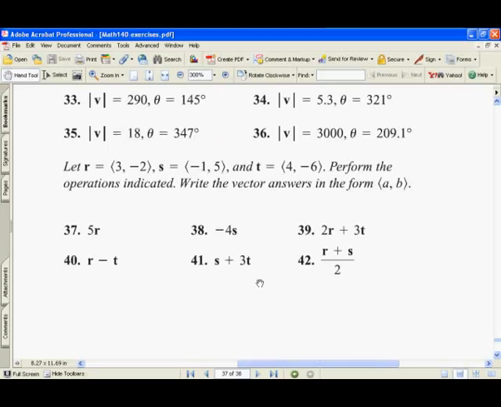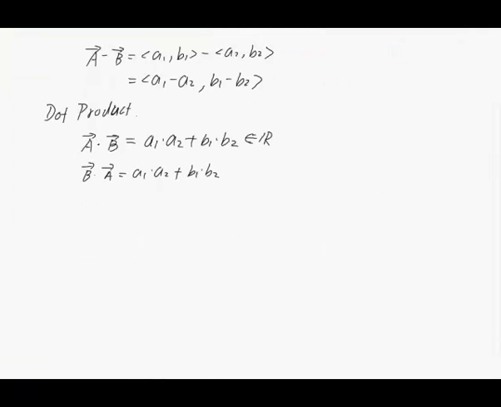Now let's look at one problem. It's on page 611, problem 39. We know the vectors R, S, and T, then perform the operation indicated, then write the vector answers in this component form. So this is page 611, problem 39.